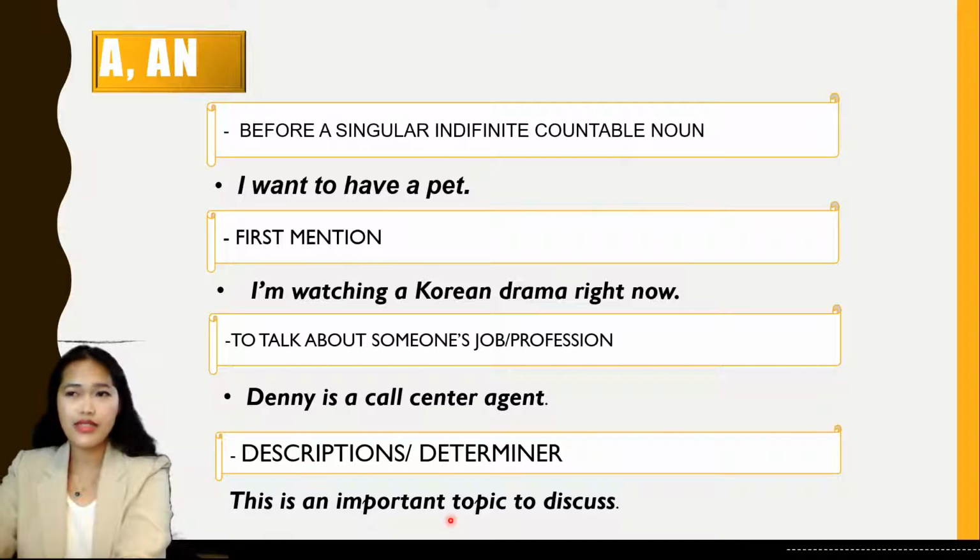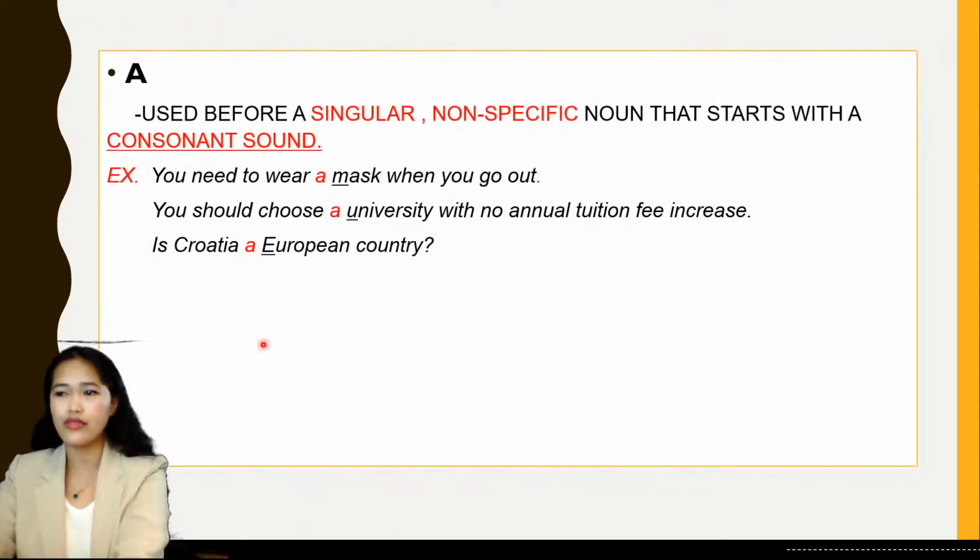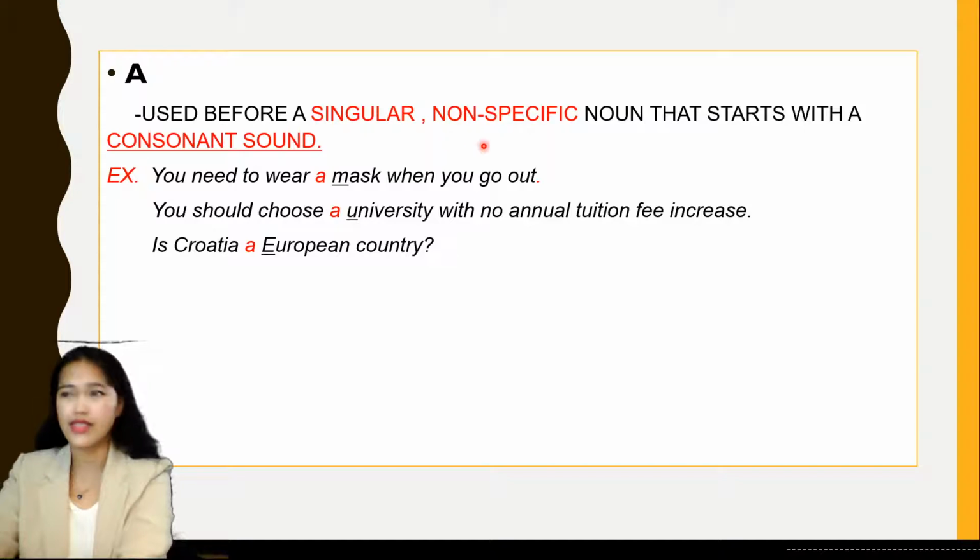Then, basically, as you have learned from the early years of learning English, we use a before a singular, non-specific, as I have said, not definite, non-specific noun that starts with a consonant sound.